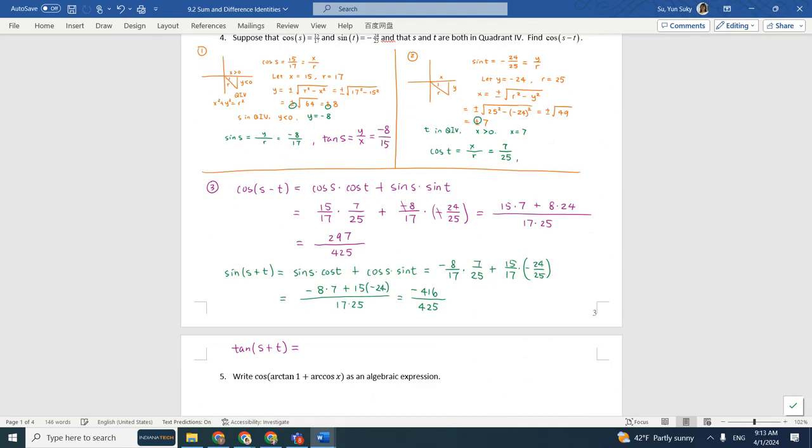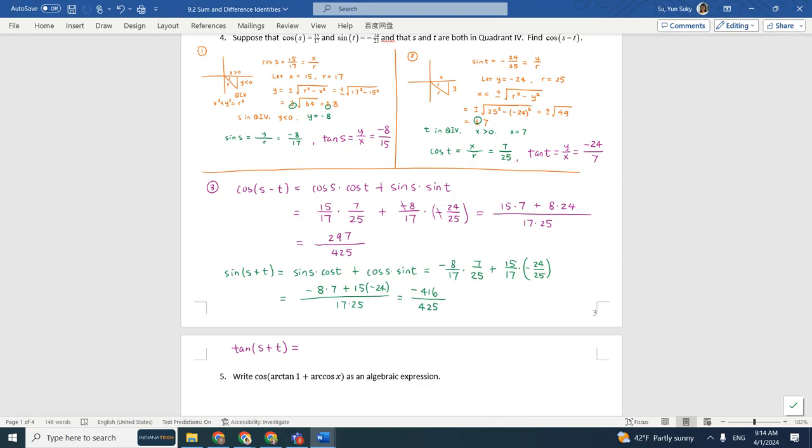Yes. So that is tangent S. How about tangent T? Again, y over x. But what is y? Negative 24. What is x? 7. Yes. Is that okay, everybody? We found tangent S and tangent T.